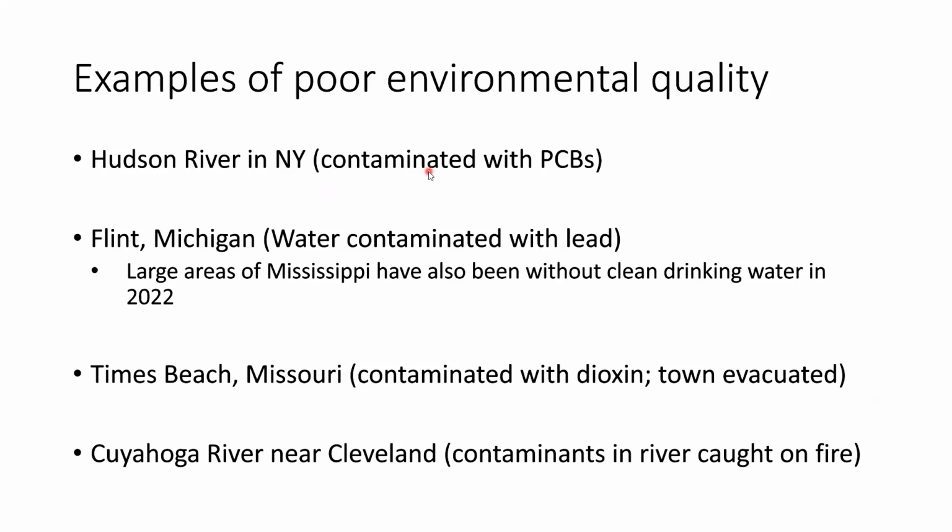So the Hudson River in New York. I'm from New York, right near the Hudson River. But in the 20th century, General Electric dumped a whole bunch of PCBs, polychlorinated biphenyls, in the Hudson River. Those are chemicals that are toxic, but they also stick around in the environment forever. So General Electric had to pay a whole bunch of money, and they were supposed to clean up the Hudson River.